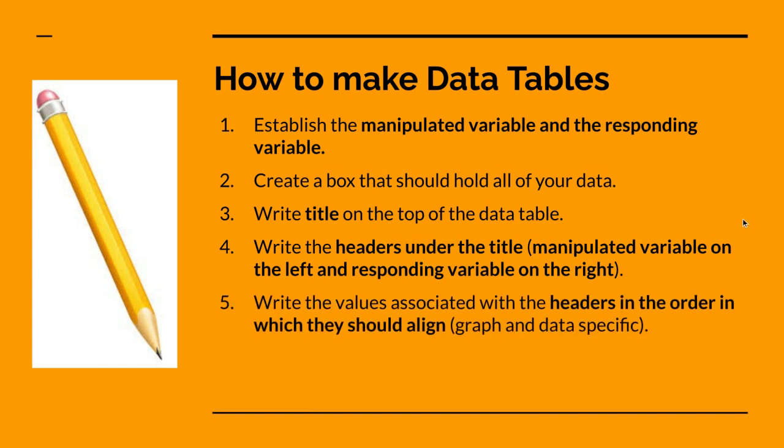And then you've got to write the values associated with the headers in the order in which they align. So a great example of that was from the activity you did yesterday. So yesterday you did that activity, and it was the first question. It was the one that was about the number of deer sighted per month.